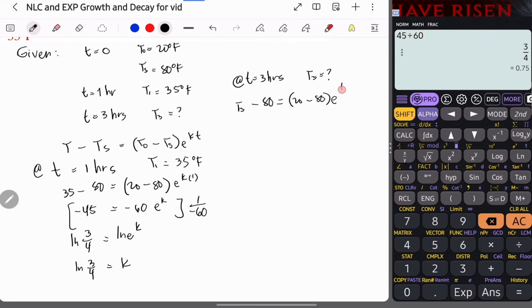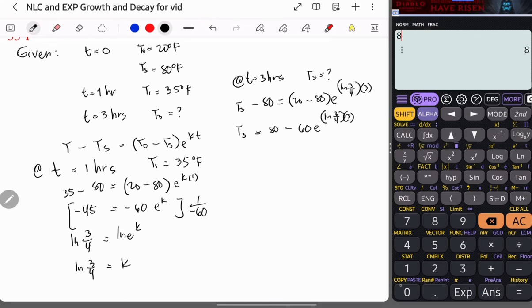E to the k, k is ln 3/4, times time, which is 3 hours. So, transpose negative 80 to the right side. It becomes positive 80. 20 minus 80 is negative 60. Then copy e to the ln 3/4 times 3. So just input that to your calculator.